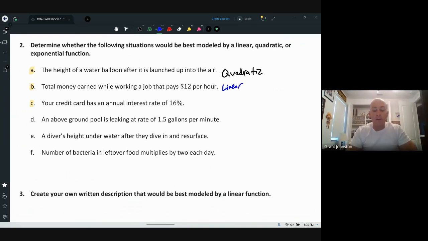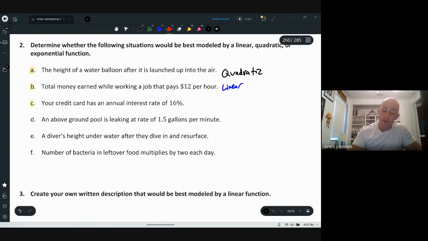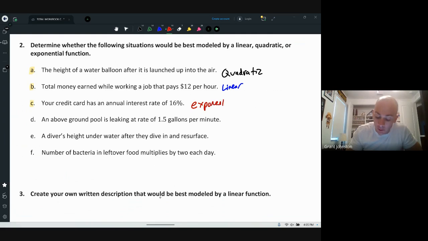C says your credit card has an annual interest rate of 16%. We really only dealt with percentages in the exponential unit, so this is going to be exponential. Because if your percentage is increasing, then it's going to grow at an exponential rate.